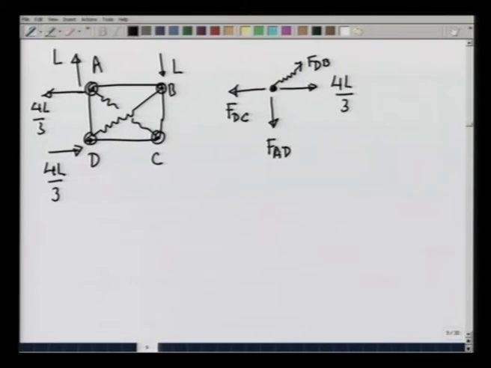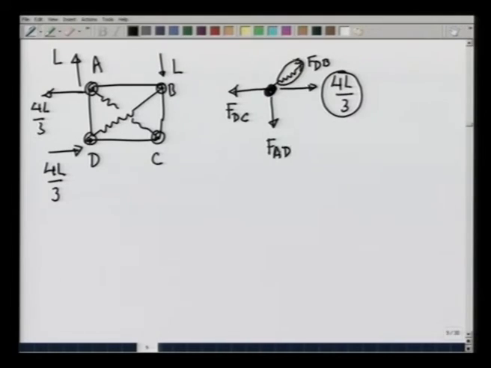Now, one can see that this joint is under a force 4 L by 3. So, it is going to be pushed to the right, and if it is pushed to the right, the rope is also going to be pushed in, but the rope cannot sustain any compressive force. So, F DB is going to be 0.